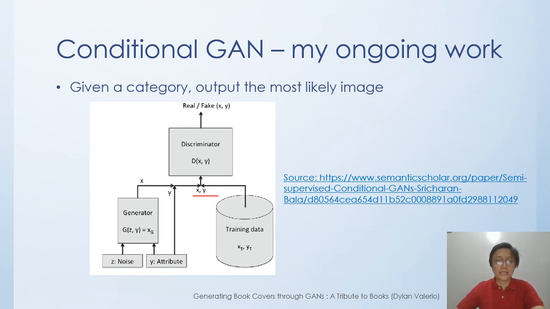So if you want a smiling face, it can output a smiling face. If you want a sad face, it can output a sad face. If you want a fiction book, it can conceivably create a fiction book, or a non-fiction book if you ask for that. It's very interesting since you can control the output of the generator.